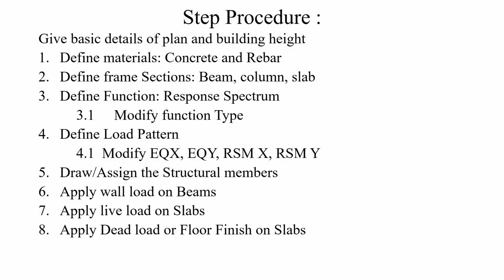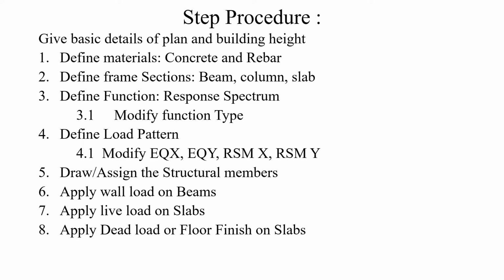These are the steps involved in modeling the structure in ETABS. First, we have to give the basic details of the plan, the building height and the grid lines in the first pop-up. Then we have to define the material, the grade of concrete and the grade of steel which is being used, that is the rebar.